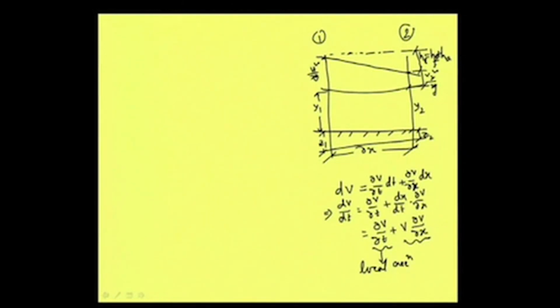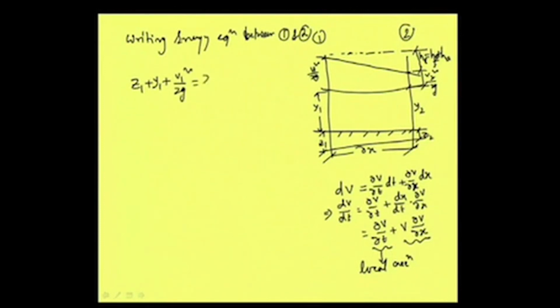Well, now if we write the energy equation between 1 and 2, what we can have is Z1 plus Y1 plus V1 square by twice g is equal to Z2 plus Y2 plus V2 square by twice g plus HL, the loss HL.